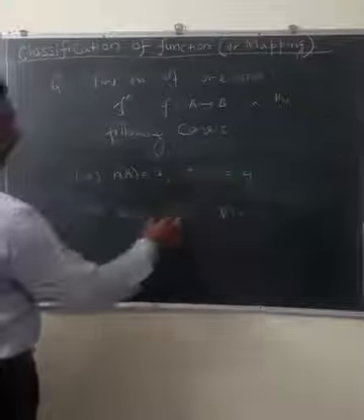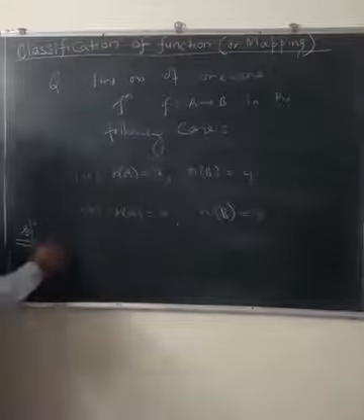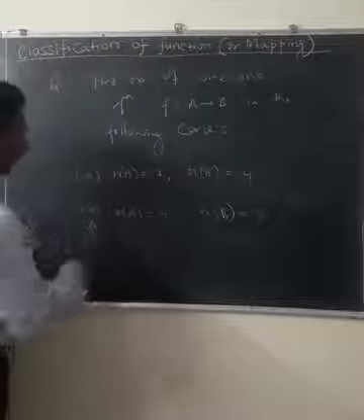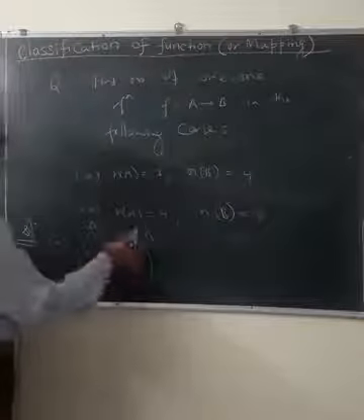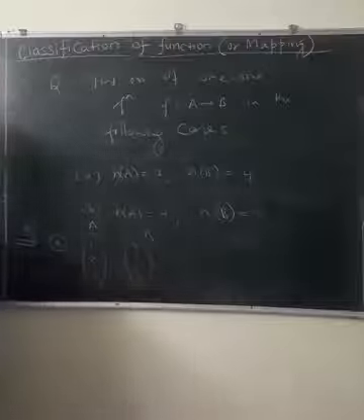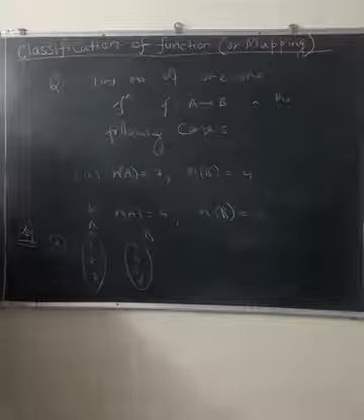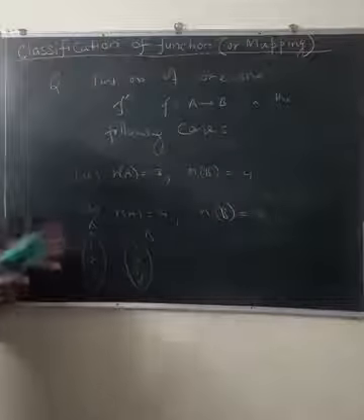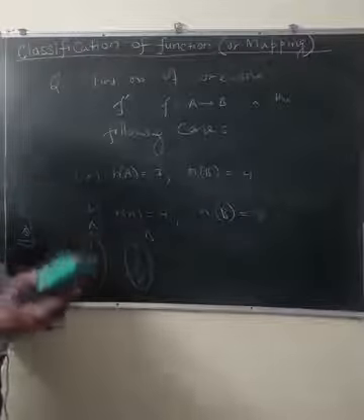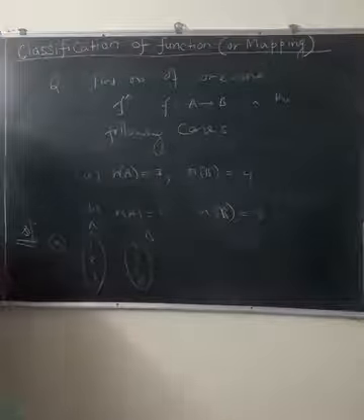Okay. Both are finite sets. A, B are finite sets. So first case, I am taking just an example 1, 2, 3. Here 4 elements are there, A, B, C, D. What will be the number of one-one functions? We know that in a one-one function, all elements of domain must have different images. Okay?